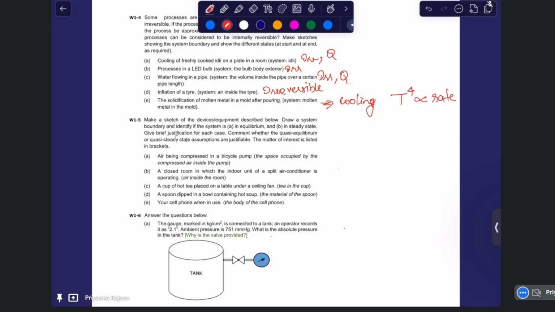So T will be really high for molten metal, around 800 K to 1000 K, or even more than that. For steel, I think it is about 1000 degrees centigrade. So the T to the power 4 rate will be really, really high. So that is an irreversible process.